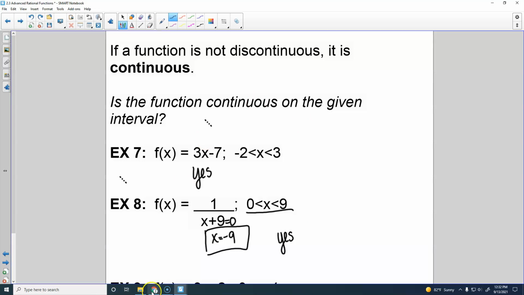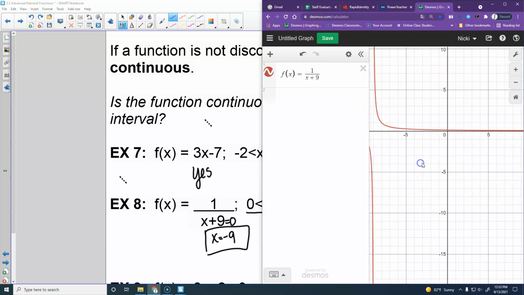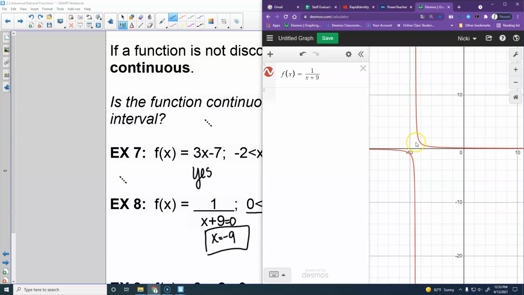So what you're looking at there, if you think of it on Desmos, is you've got the function there. Let me zoom out a little bit so I can see it. There's its discontinuity right there at -9.